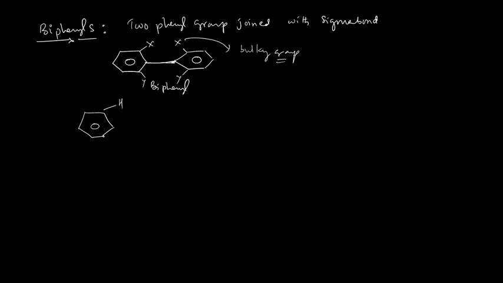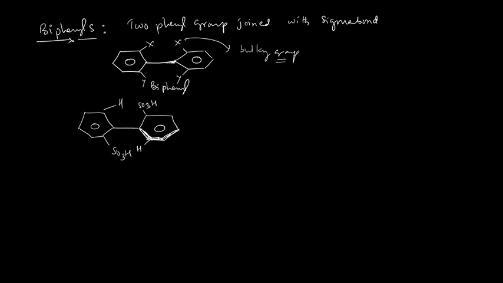Hydrogen, here it is SO3H. Other ring, here SO3H, here H. Now, same as spiranes, the two rings are not in the same plane.